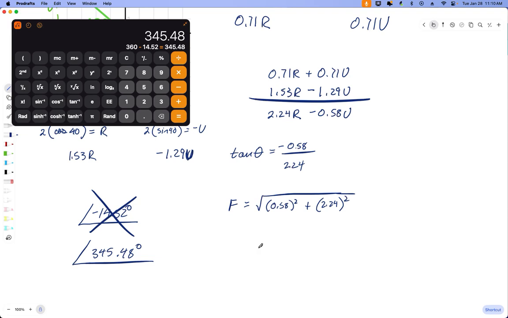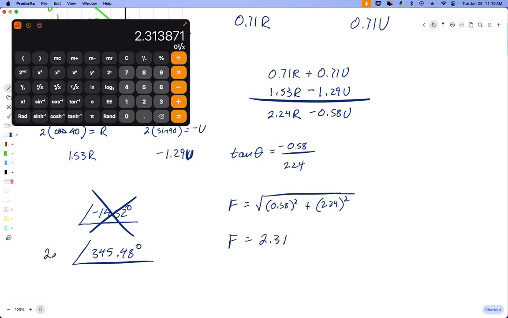So now we just do that. 0.58 squared, add it to my memory, clear that. 2.24 squared, add it to my memory, clear that. Memory recall, find the square root of that. So F is equal to 2.31.